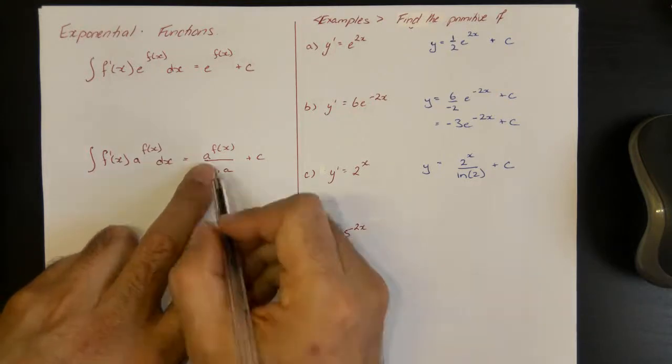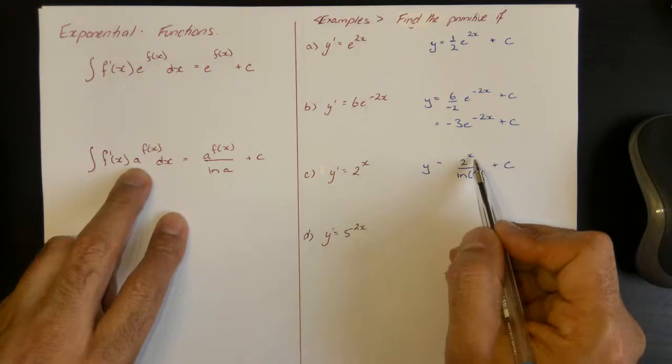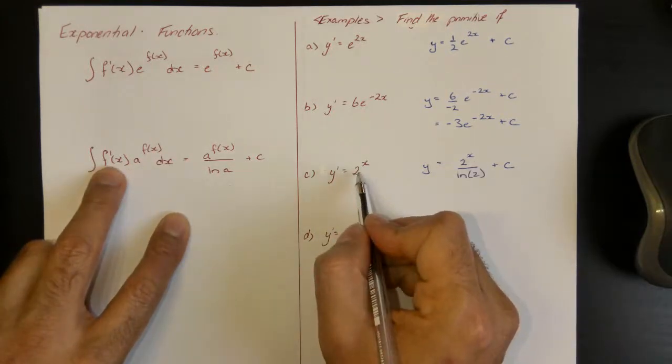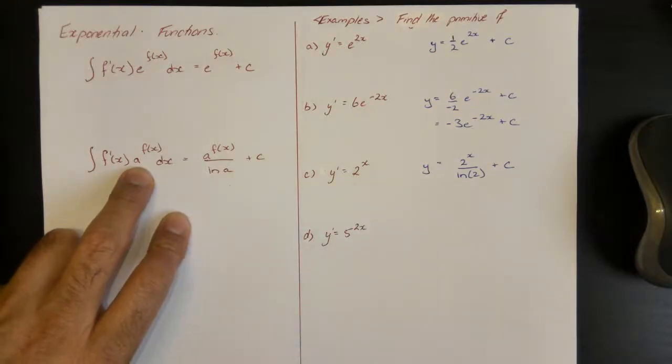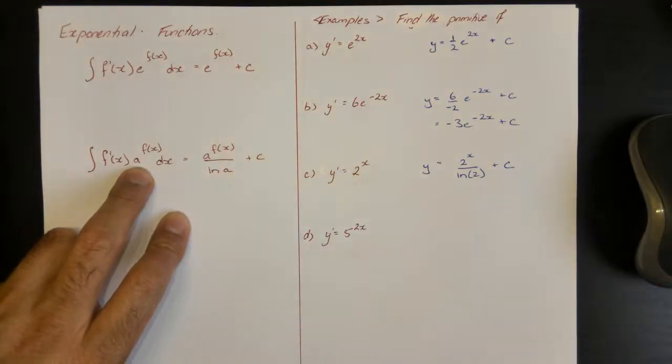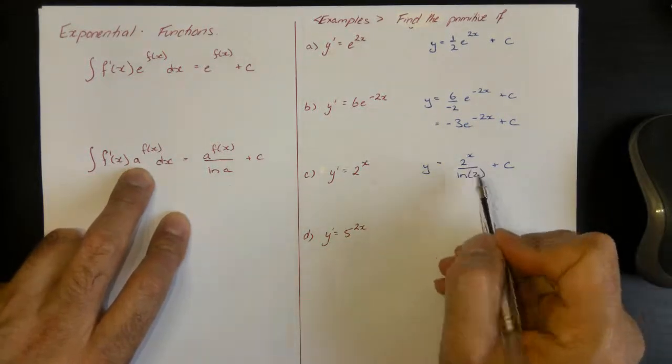Okay, where a to the f of x, that's this part here, that goes on the top. The derivative of this would be 1. So we stay there.